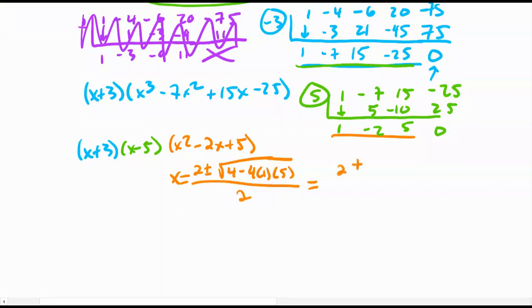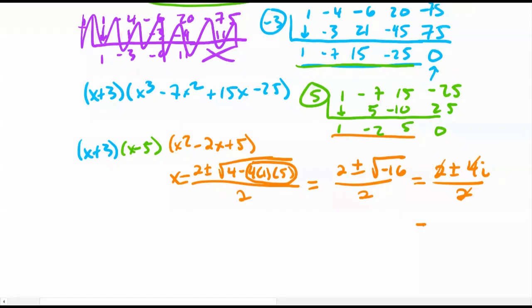Simplifying this, we get 2 plus or minus the square root of -16, because 4 minus 20 is -16. The square root of -16 is 4i. And because all of these are divisible by 2, I'm going to make that 1 plus or minus 2i.